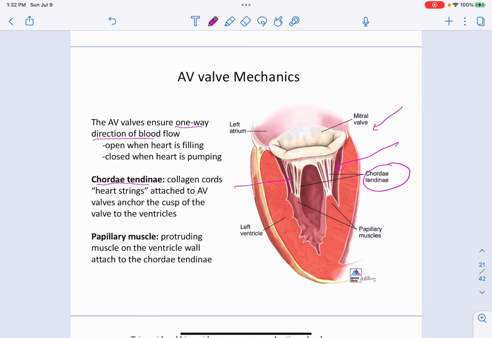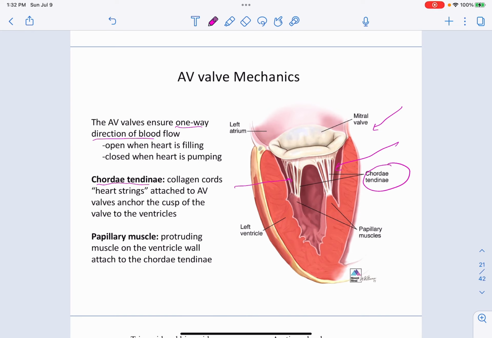They are collagen cords, and they are attached to the valves to hold them down. Think of it like an umbrella when it's really windy out. If the wind catches it just right, the whole umbrella will go backwards. These strings are preventing that valve from doing exactly that.